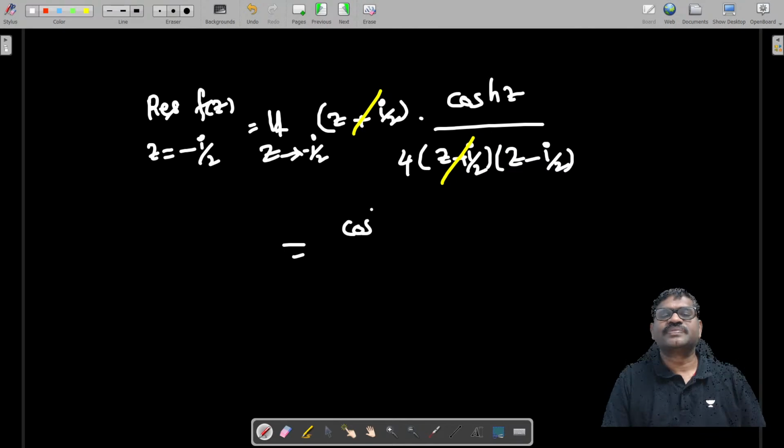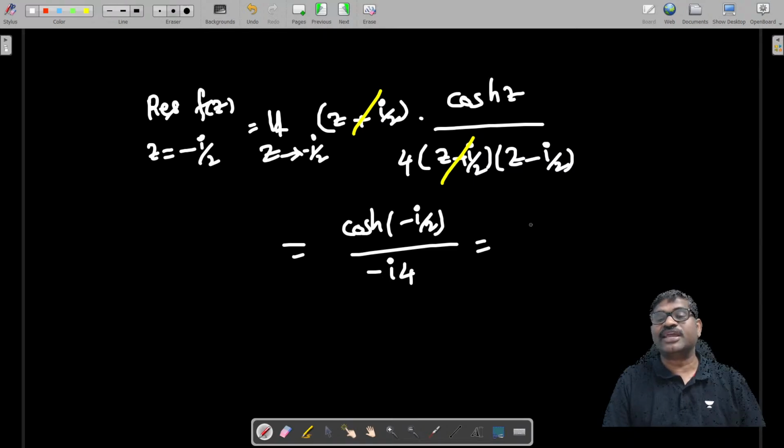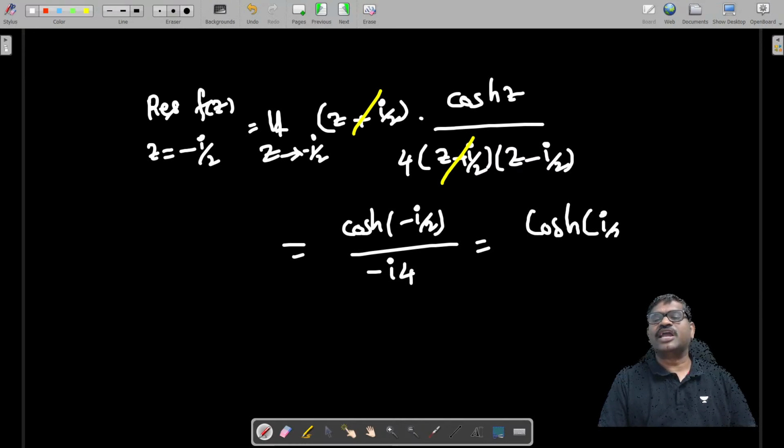Cos h of minus I by 2 by minus 4i. Cos of minus theta is cos theta only, and cos h of minus theta is cos h theta only. So cos h I by 2 by minus 4i.